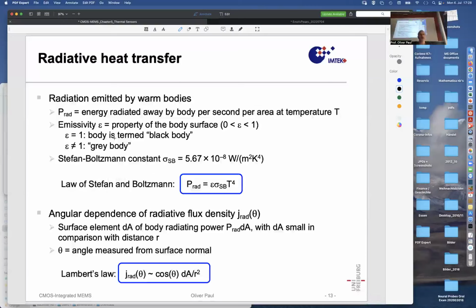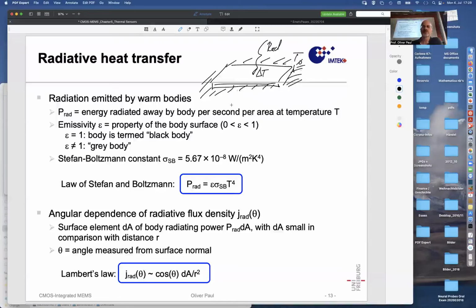Let me talk about radiative heat transfer for a few minutes. So this is also something important because if you have this, let's say, membrane that is heated by some radiation, then it will become hotter in the center by some delta T with respect to its surrounding. And it is kind of suspended on some silicon chip.